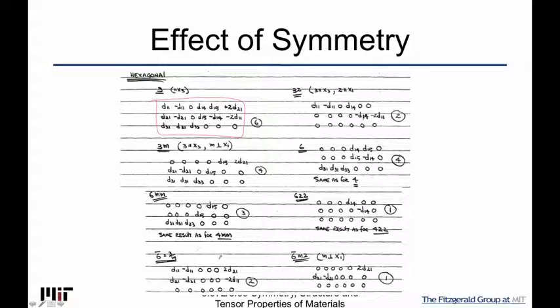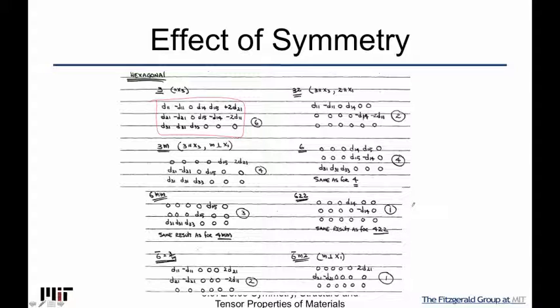So the 3-fold axis in a hexagonal group, there's not a large effect from symmetry on there. And so it's kind of unique in the sense that if I have a hexagonal crystal with a 3-fold axis, it can be piezoelectric. There are a lot of elements that can lead to piezoelectricity.